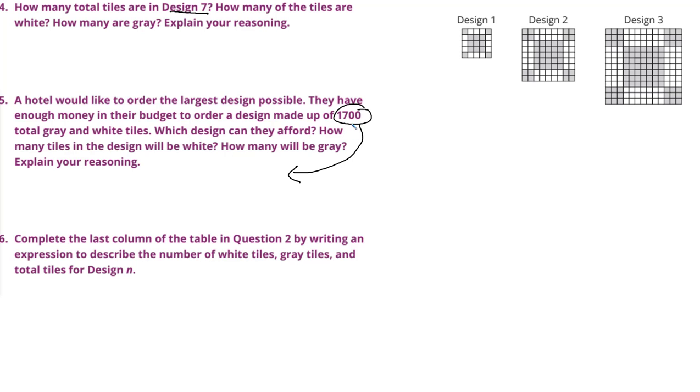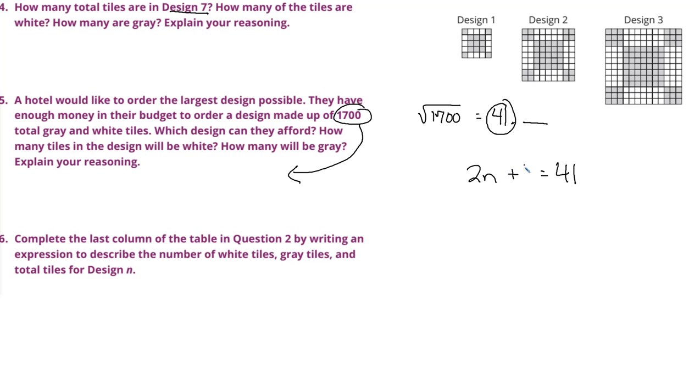But how can we take and figure out from this number to go back and find the design number? Well, I know this is the area of my design. And so if I take the square root of it, that's going to give me 41 point something. So that means each side is 41 long. How can I figure out what it is?